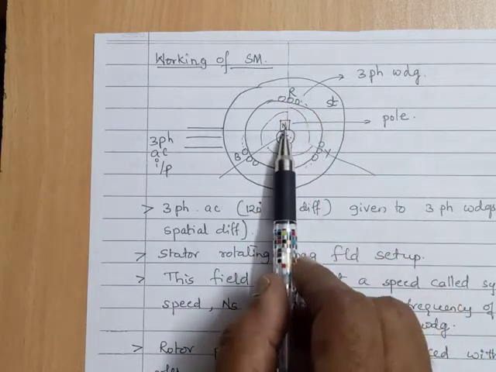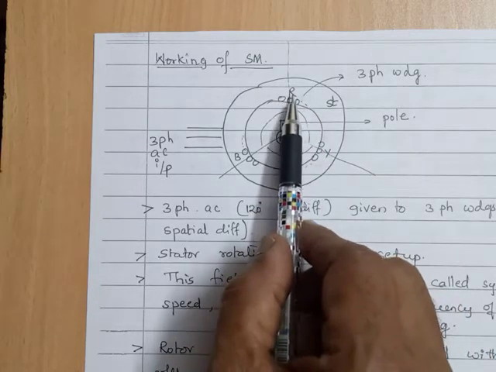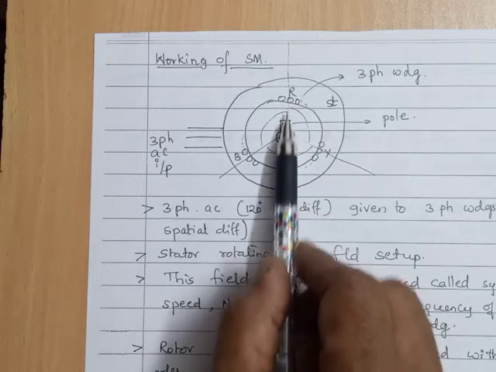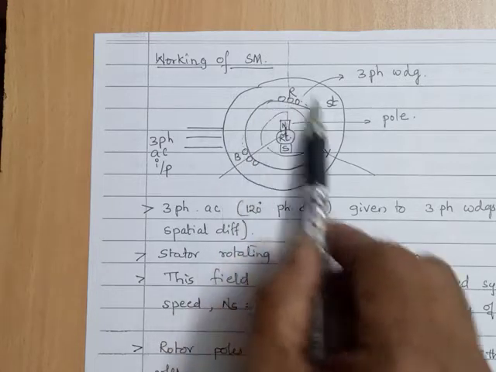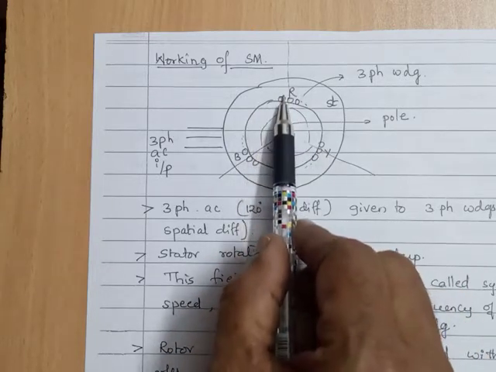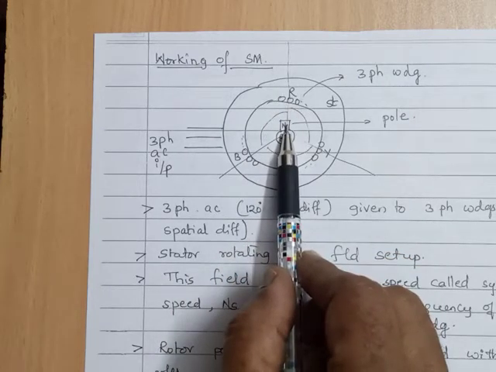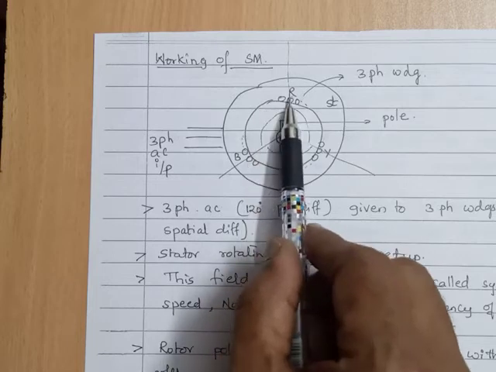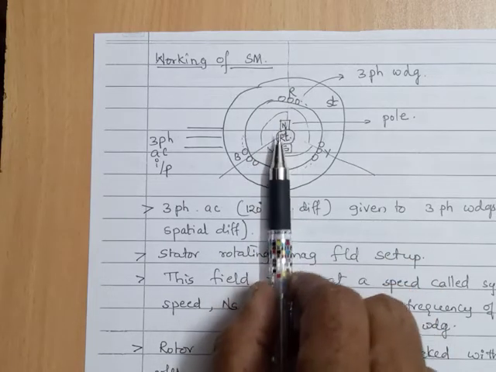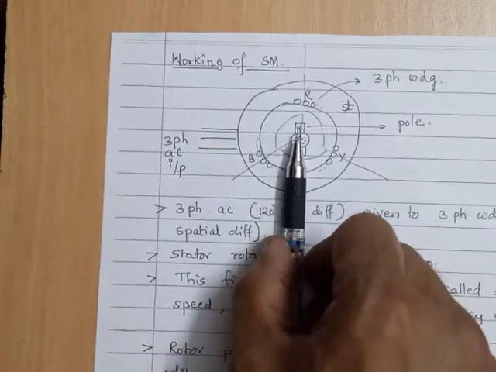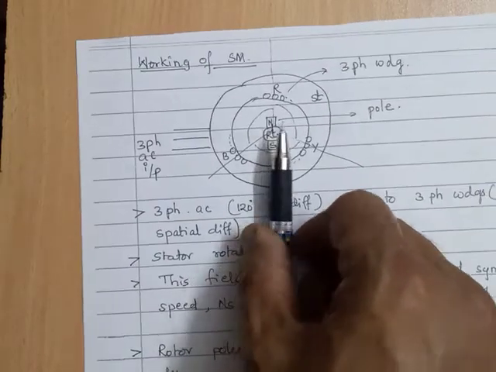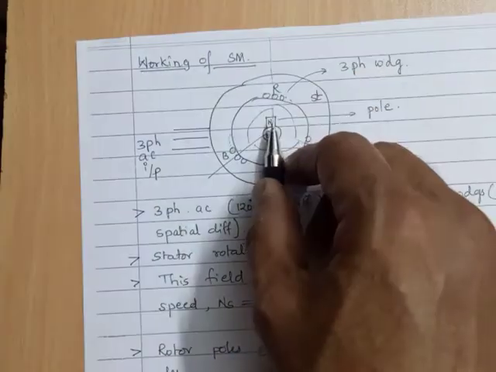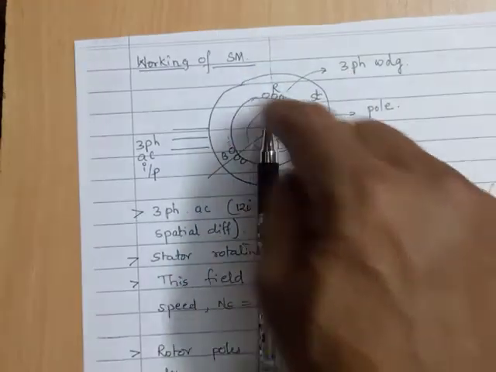Now there is N here. If an S comes, it will be attracted by this. Immediately N will come, then this N will be repelled. Immediately S will come, it will attract it. Immediately N will come, it will repel. That means this N will have attraction and repulsion almost simultaneously, because the poles are moving here.